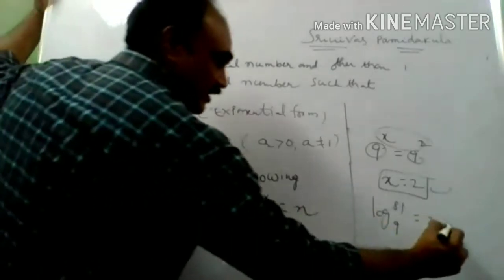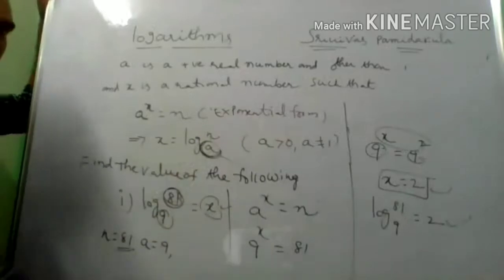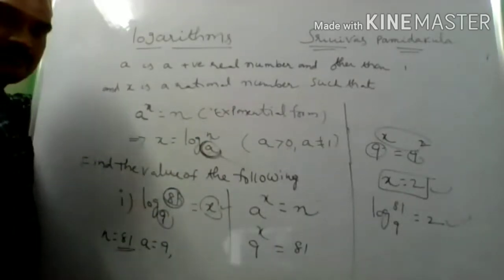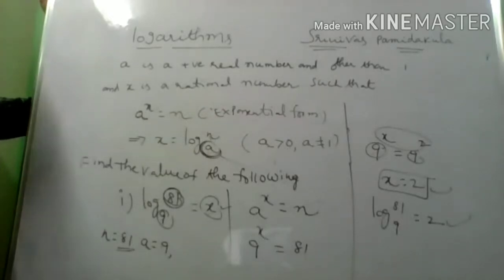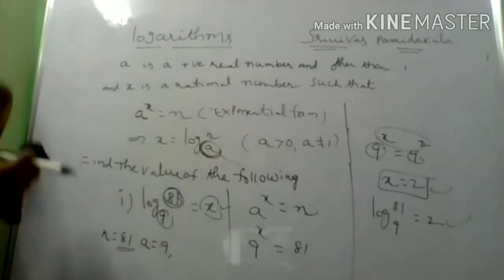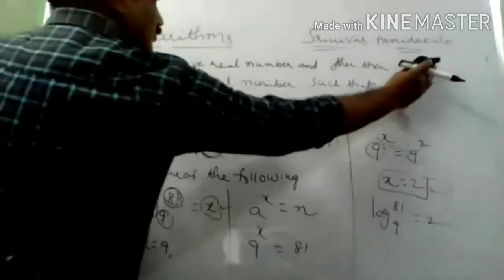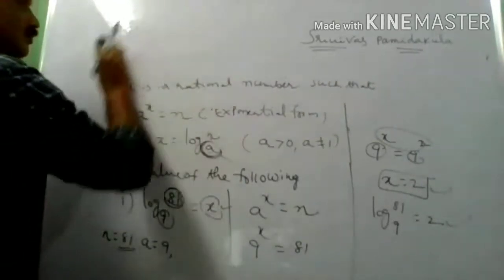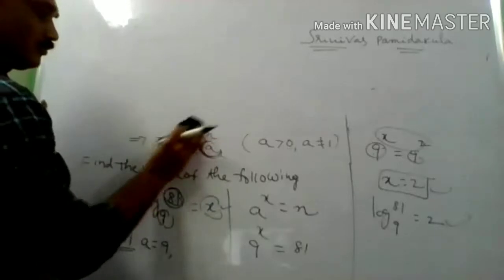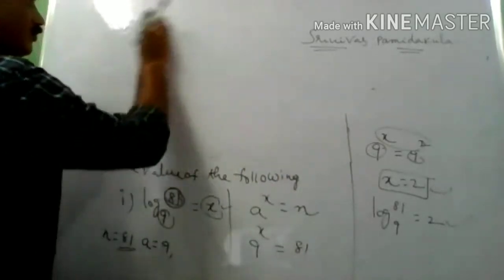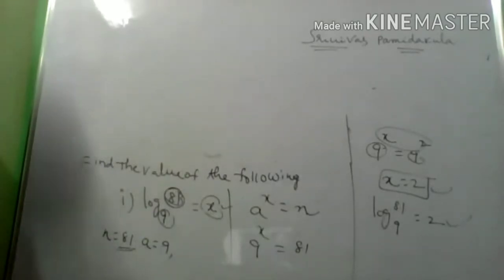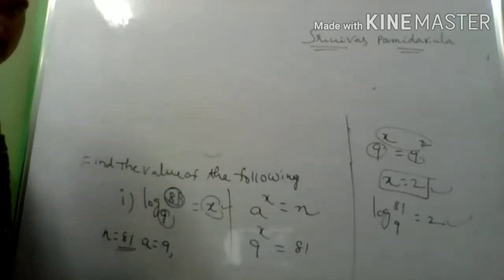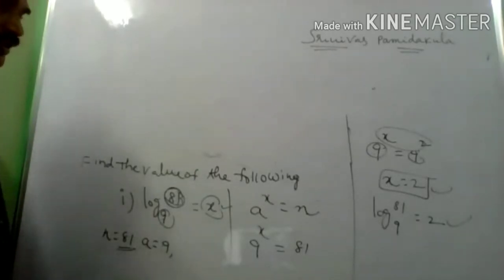Log 81 to the base 9 is equal to 2. Okay, students, completed.